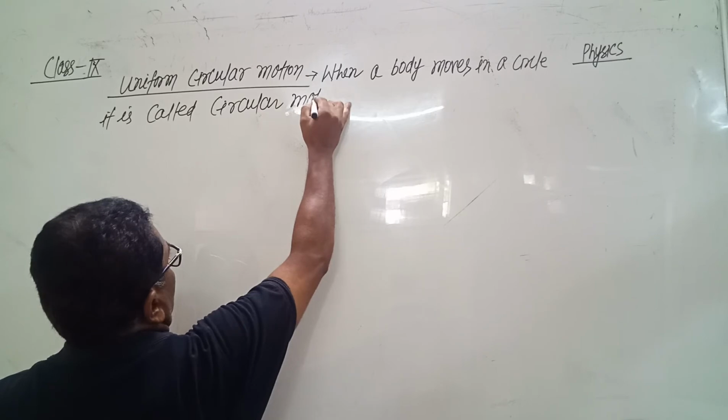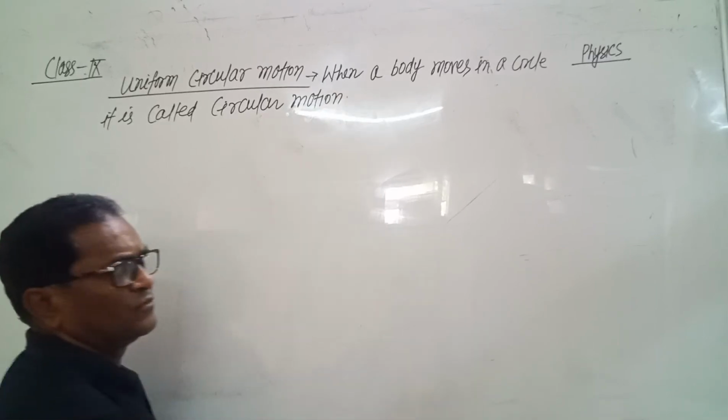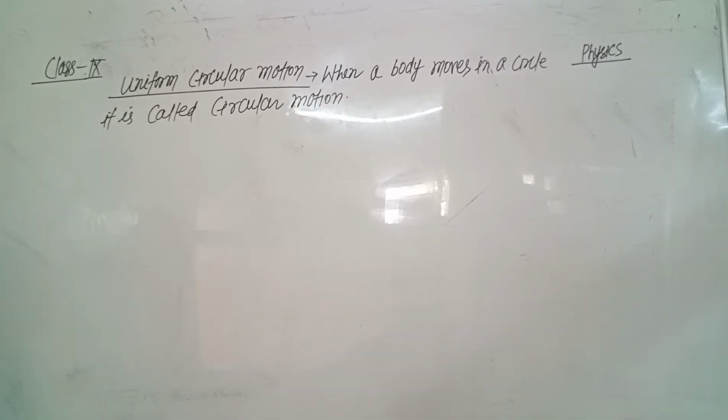So this is the definition of circular motion. How can we define circular motion? When a body moves in a circle, then the motion is called a circular motion. Let us see a few examples.